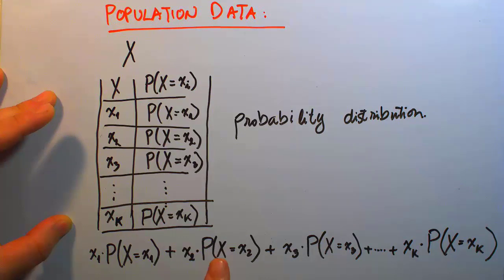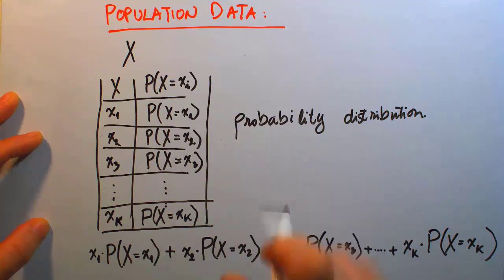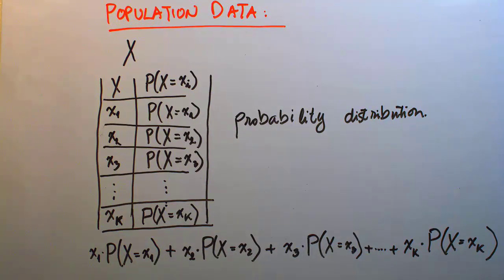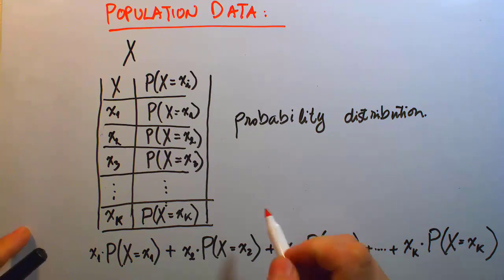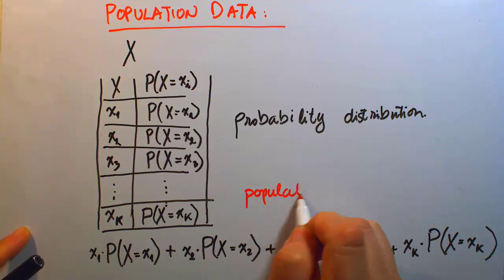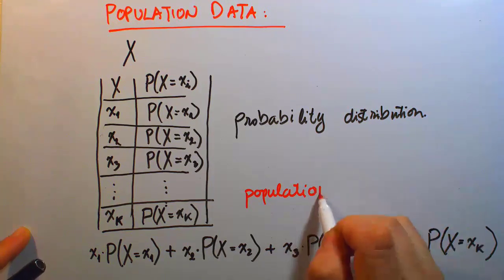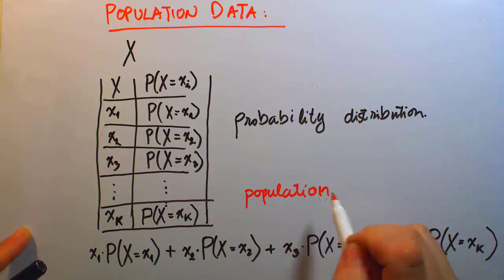So this formula for calculating mean is intended for calculating the population mean. So we refer to this mean value here as a population mean value.